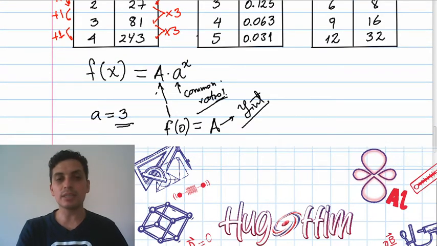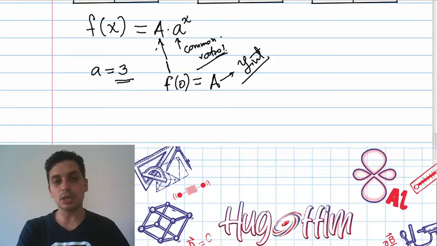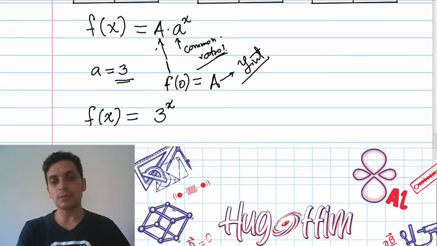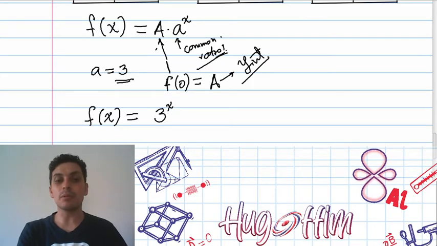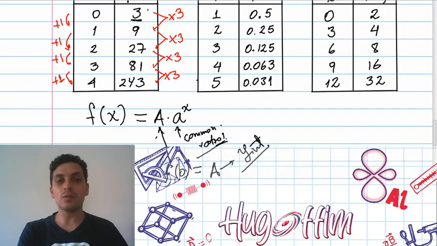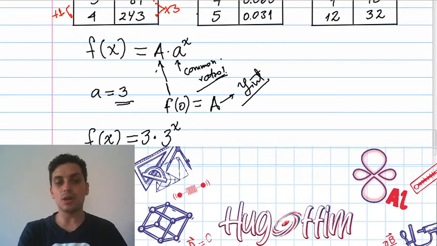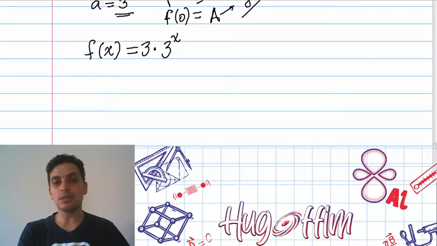So we can write this expression as just f(x) equals 3 to the x power. But here we have the problem, and you have to include this 3: 3 times 3 to the x power, because when x is 0, we need to have 3. 3 to the 0th power is 1, times 3 gets you 3.